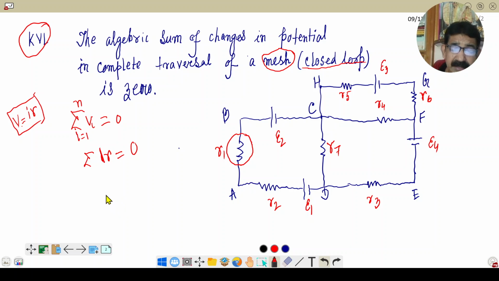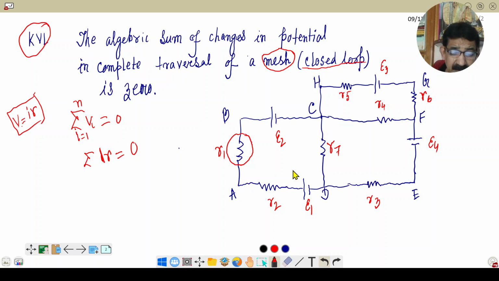Now, what is the algebra of this law? This needs a bit of explanation. Suppose we are starting from this point, A, B, C, B, A. This is a loop. At first, we have to determine the direction of current.